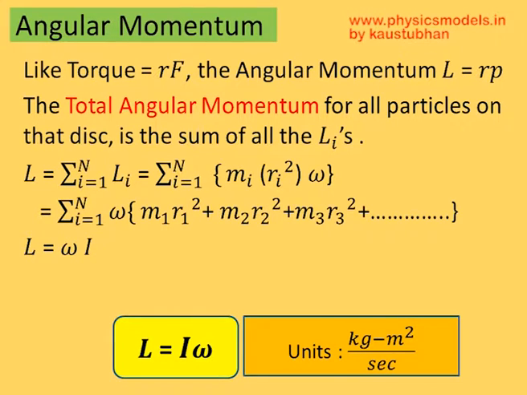There is no omega i, so omega can be taken out of the brackets, and inside the brackets we would have M1 R1 squared plus M2 R2 squared plus M3 R3 squared plus so on till n. That's nothing but the total moment of inertia of that object. So L equals omega times capital I, or L equals I omega.